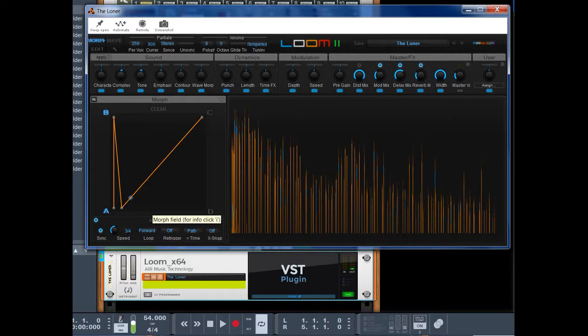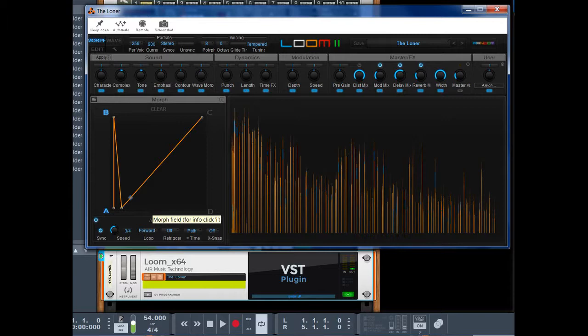Okay, now Loom number 8. We winded it down, people. Loom 2. I had Loom 1 and I used it for a couple of songs, but I had to bite into Loom 2. Oh boy. This is made by AIR Music, and you get the free one when you buy the MPC Live.